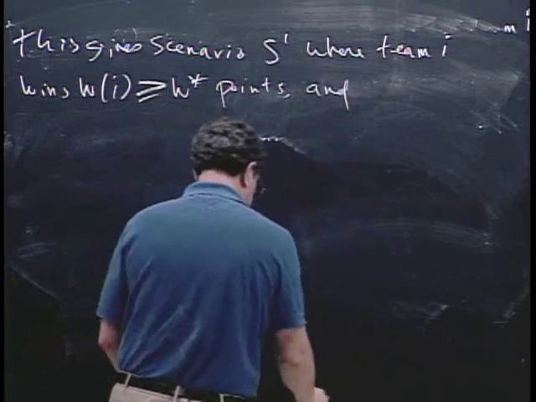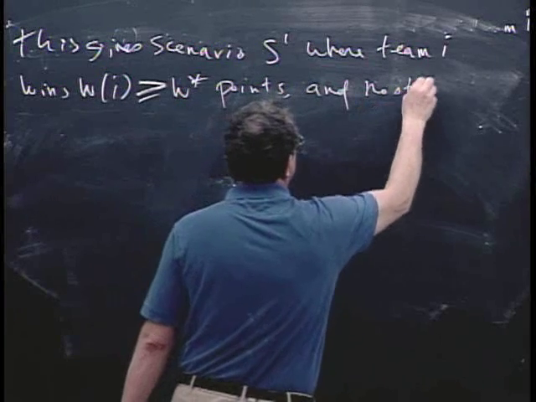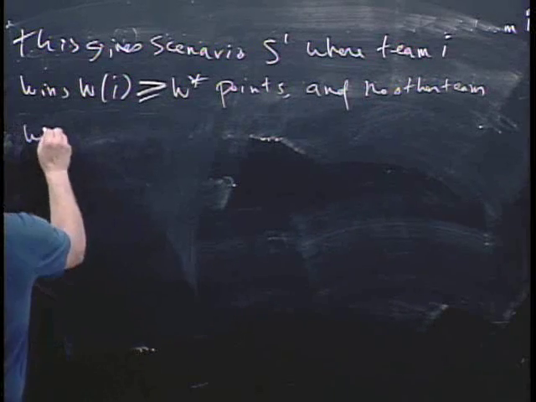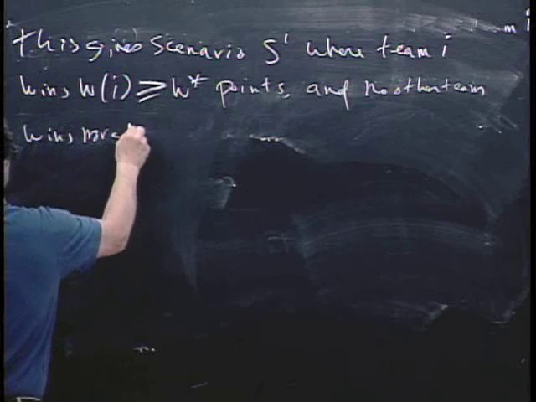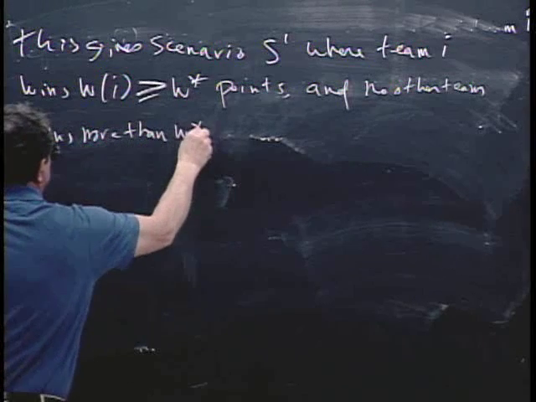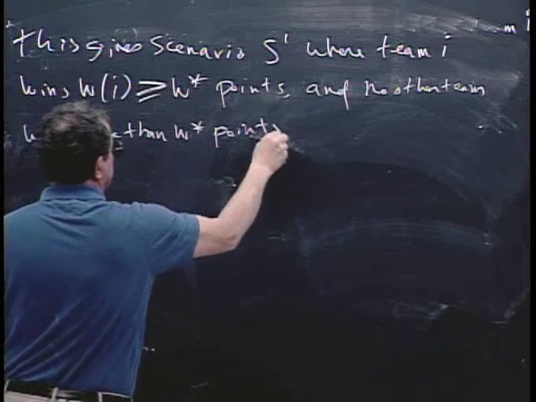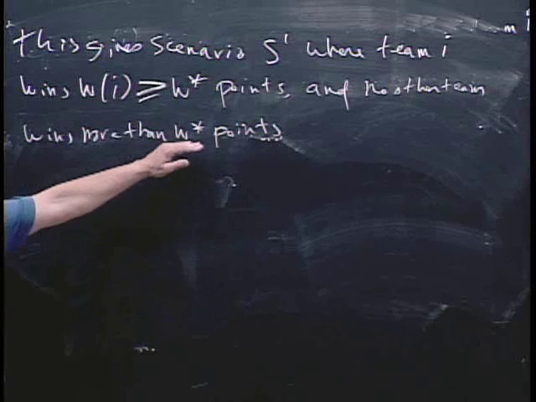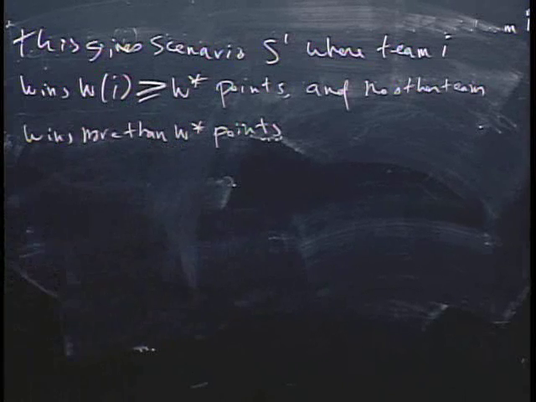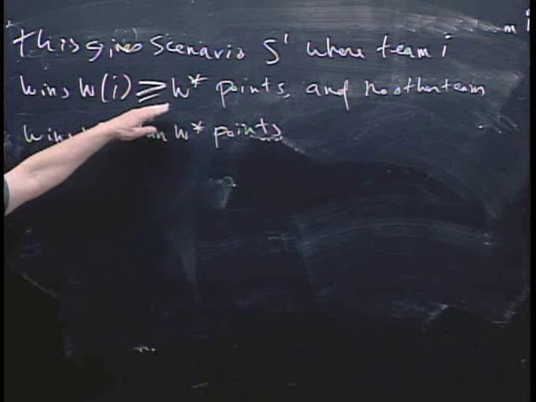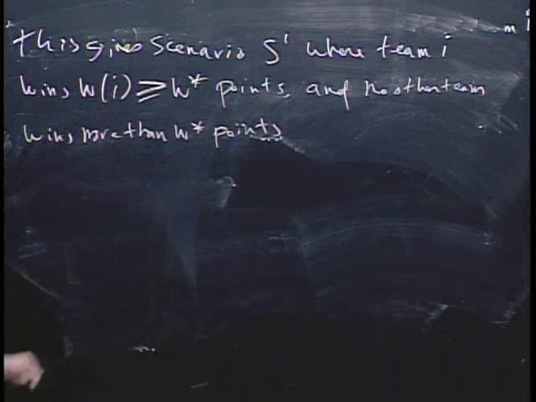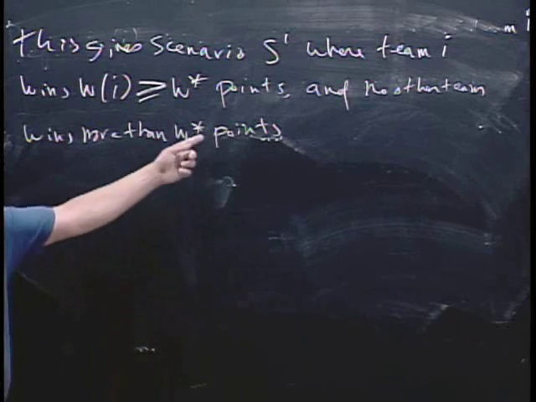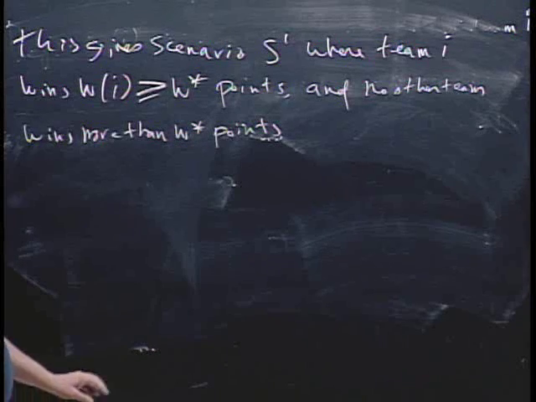And no other team wins more than W star points. Because we started out with a scenario S star where the best team won W star points. And now we've changed some of the outcomes to where I wins more than or equal to W star, but because of monotonicity, no other team improves or increases, and so again, all the other teams at best are winning W star points.